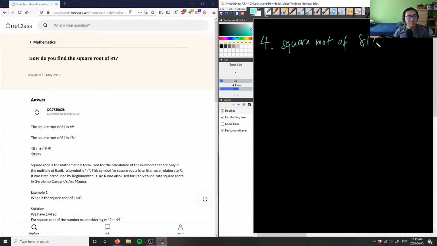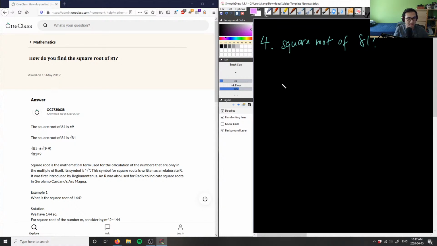You can use either prime factorization, or you can use trial and error in this case. The only reason we can use trial and error here is because we know that 81 is a perfect square. So let me walk you through this problem using trial and error first, and then I'll do another method that involves taking the prime factors of 81.